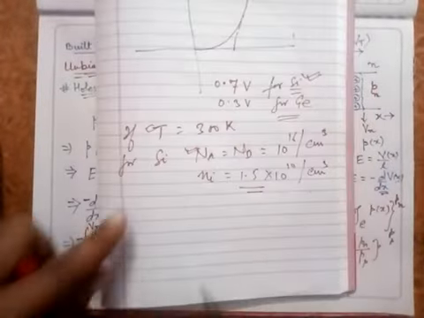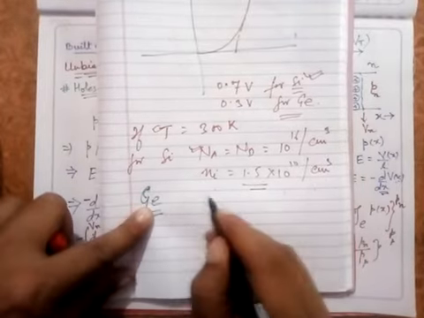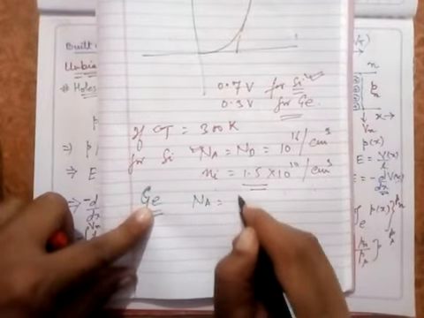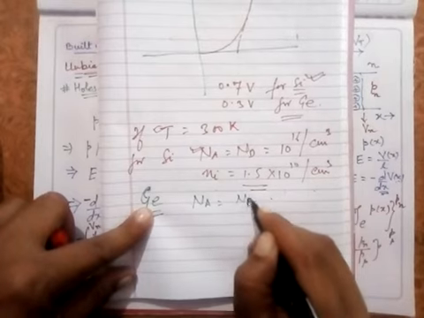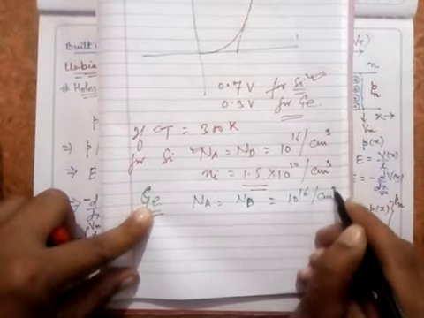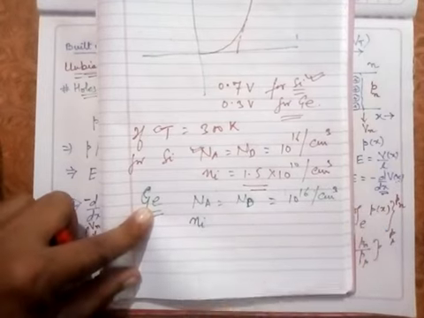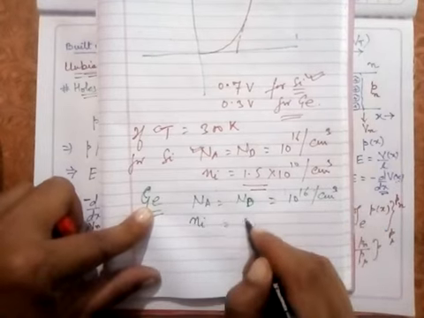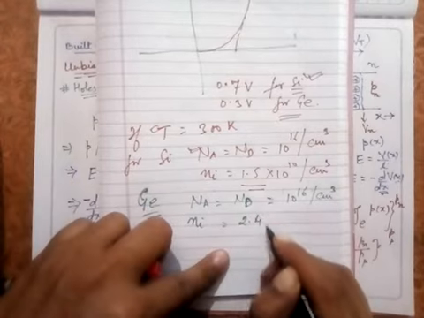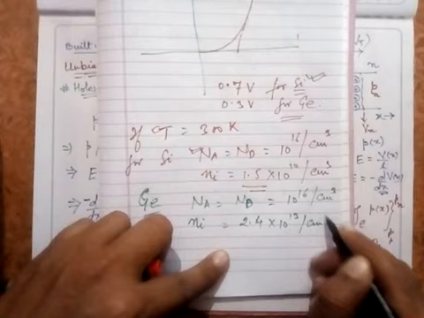And of course for germanium, if I take the same value, Na equal to Nd, that is equal to 10 to the power 16 per centimeter cube, first of all. And secondly, the value of Ni is equal to 2.5 or 2.4 into 10 to the power 13 per centimeter cube.